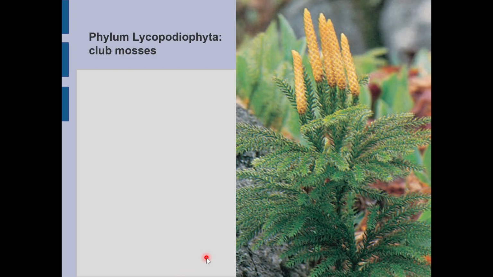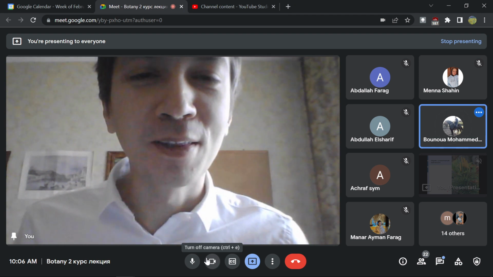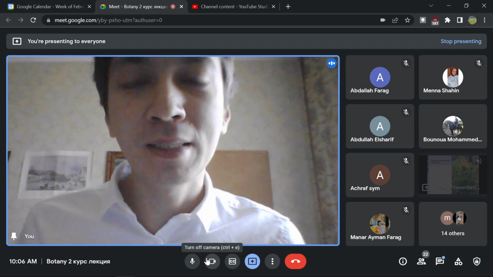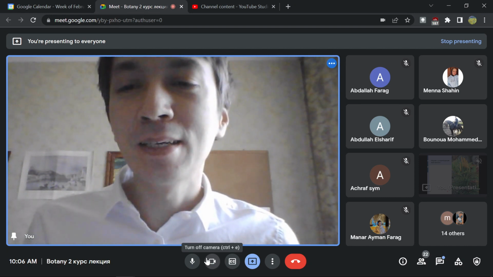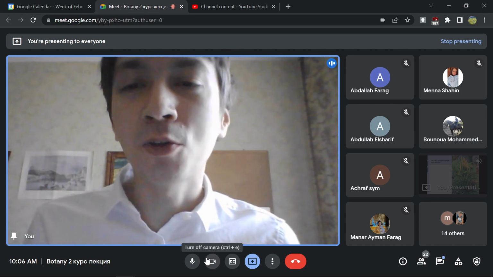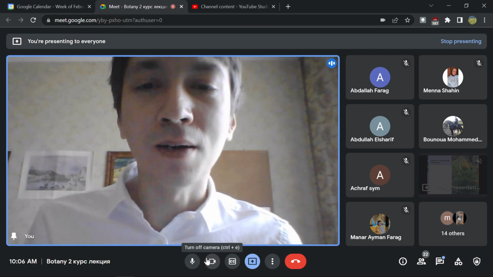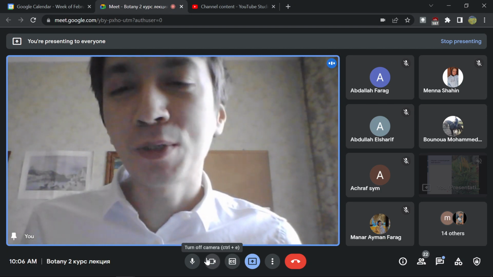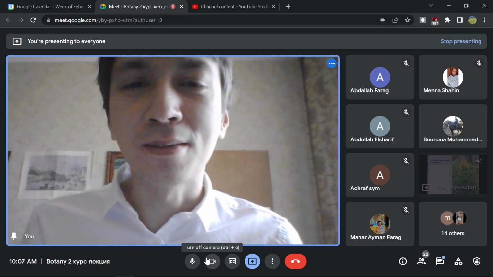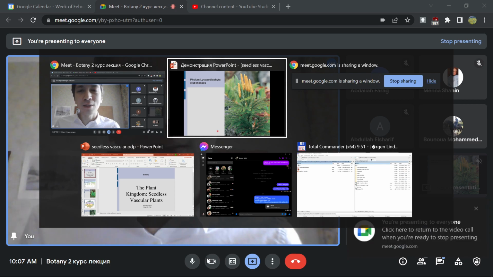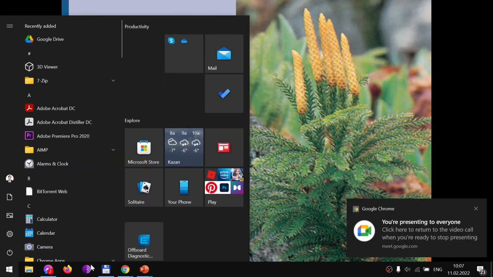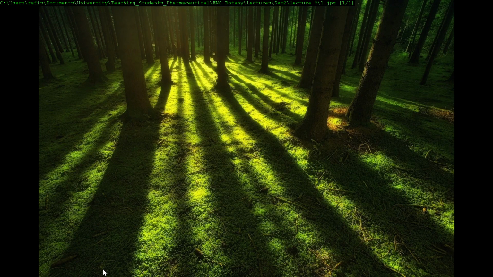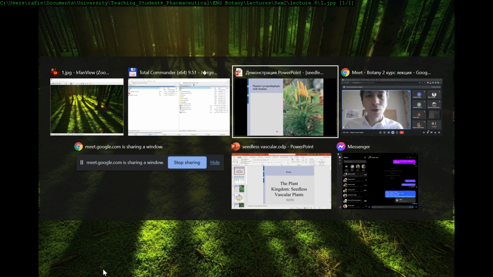So where do they usually grow? They usually grow in moist places near lakes and rivers, on the shores of rivers, and in forests as well. Like any mosses, I think I will show you this. I have another picture to show you what mosses usually look like.